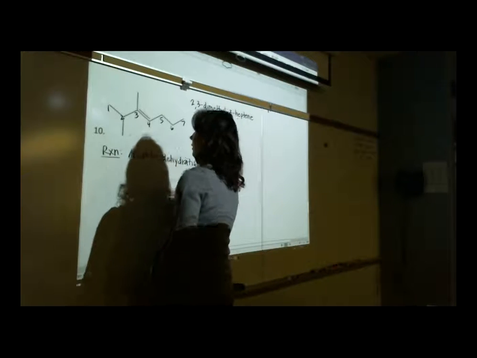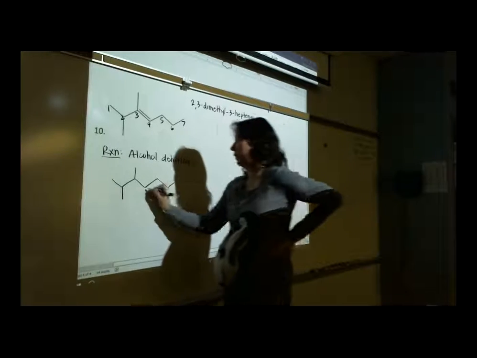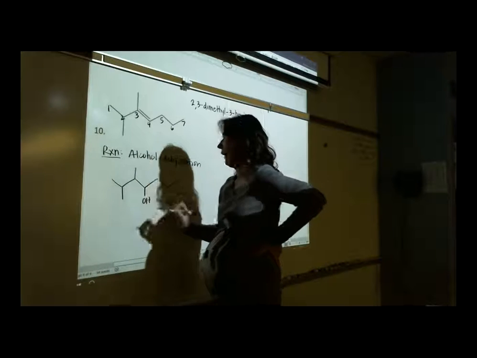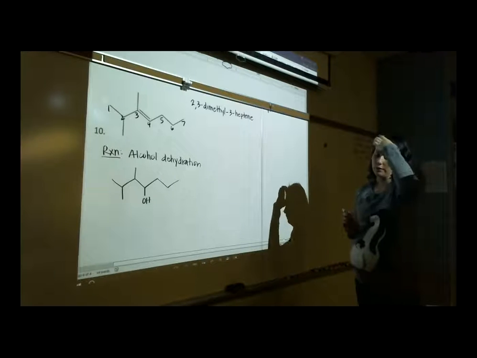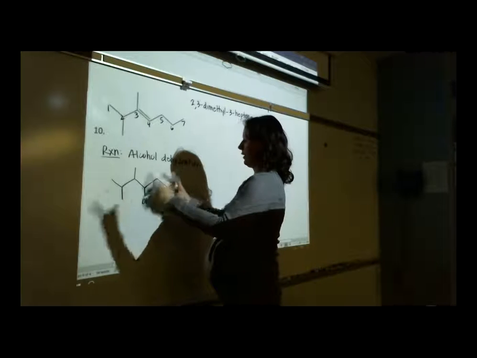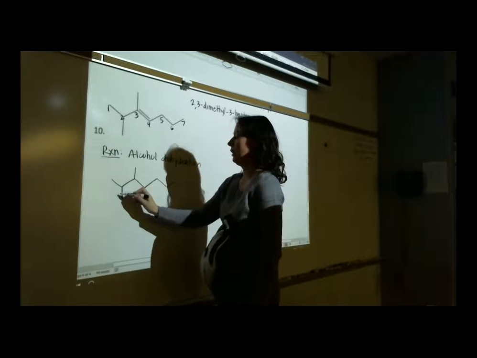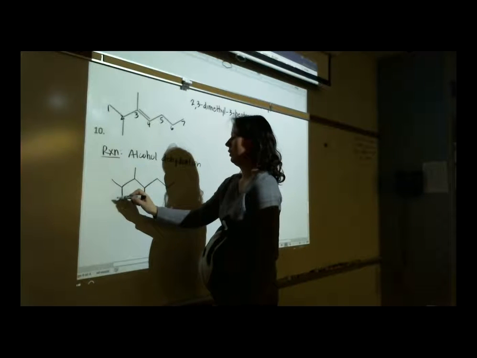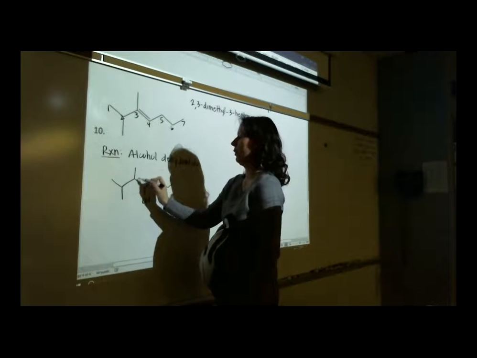Where is the alcohol going to be? Is it on the same one as the methyl? It's not, is it? It has to be here. Let's think about why. Because if we put the alcohol anywhere else, you're going to get 2, 3, right? When we dehydrate this, we're going to get the double bond here. That's the major product. If we have the OH here, we're going to get the double bond right here.